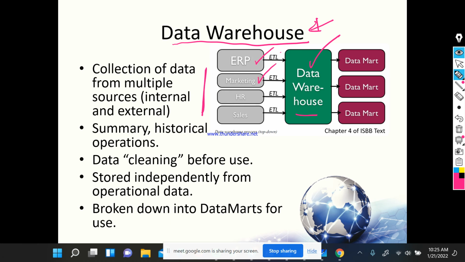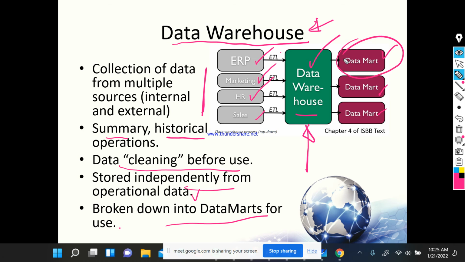These are all electronic transactions, HR, sales, all data coming into the data warehouse. And from the data warehouse, you're generating data marts. So historical operations, summaries, all these are coming. Data is cleaned before use, stored independently from operational data, and broken down into data marts for use.